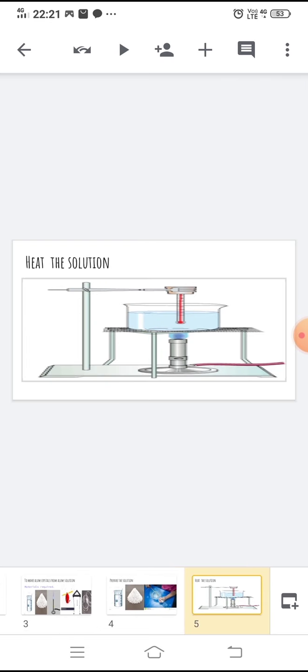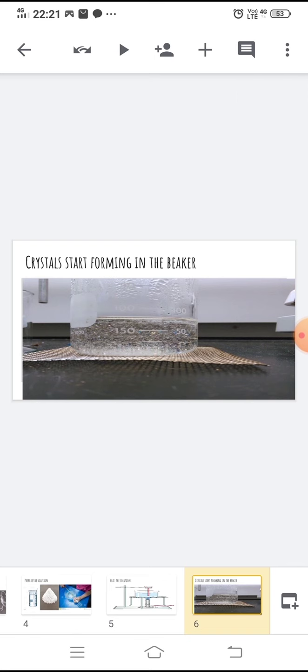Then heat the solution over a Bunsen burner. Mix till the undissolved alum has also dissolved. Stop heating the solution and let it cool. As the solution cools, it becomes supersaturated and alum crystals start forming in the beaker.